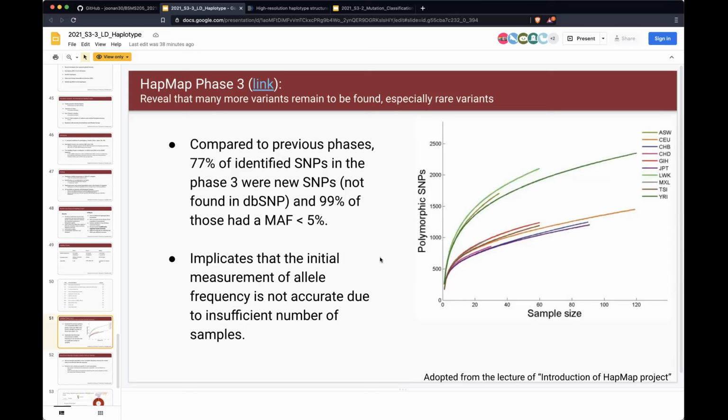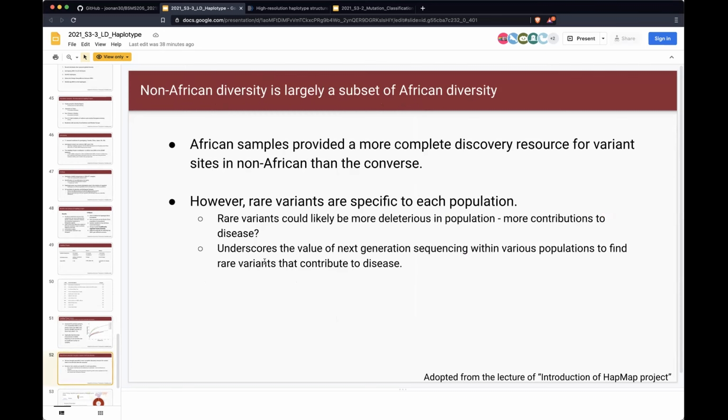So they more accurately estimate the allele frequency, and also every time they include more samples, they can compare the African population versus non-African population and how they differ in the allele frequency spectrum.